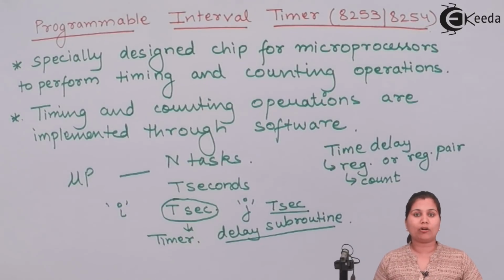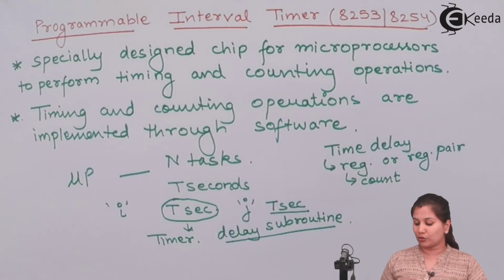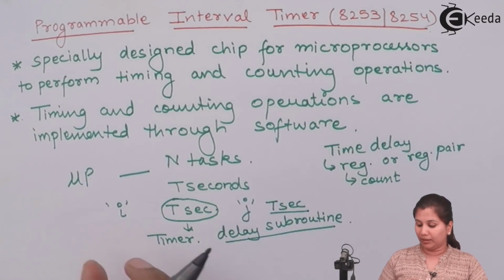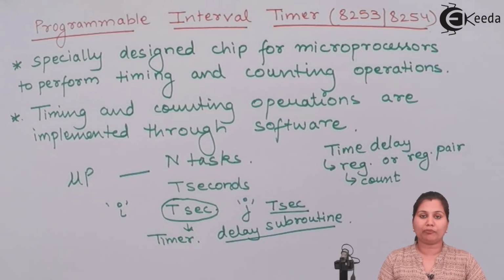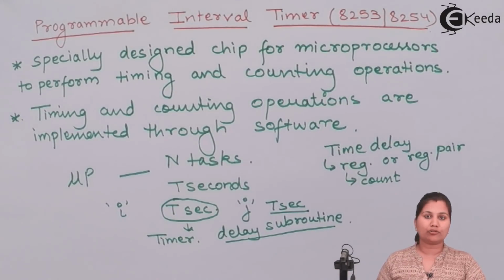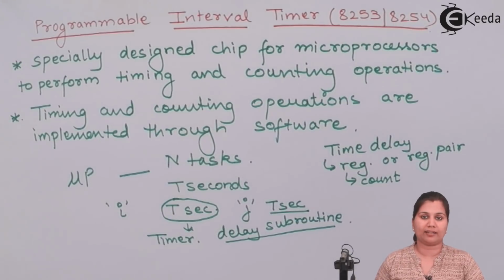So this has become a complex task. Every time the microprocessor has to call the subroutine, because every time it wants the time delay of t seconds. So in between task i and j, the microprocessor cannot perform any other task because it has to concentrate on the execution of the subroutine so that it can get a perfect time delay of t seconds.